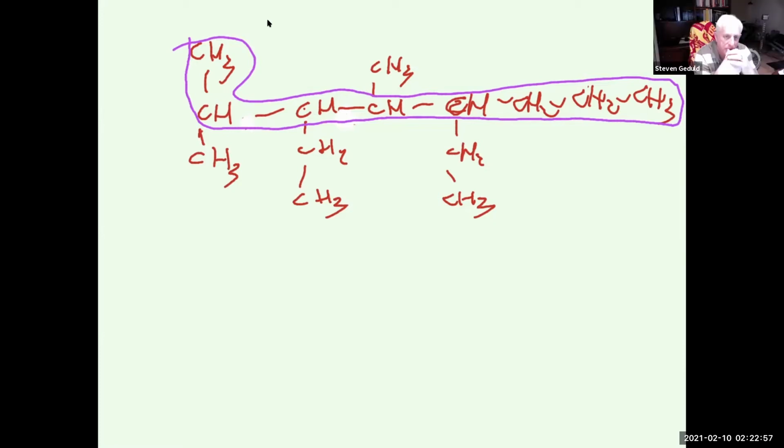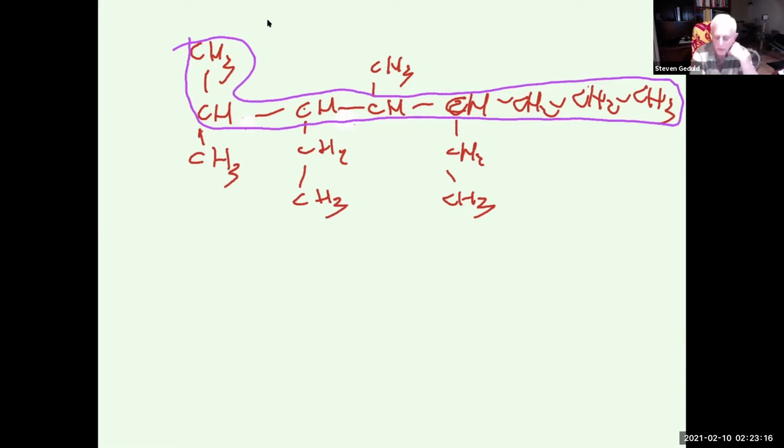Does it matter? Nope, doesn't matter. As long as you got the longest chain, it does not matter. You can pick any one you want as long as you get the longest chain.